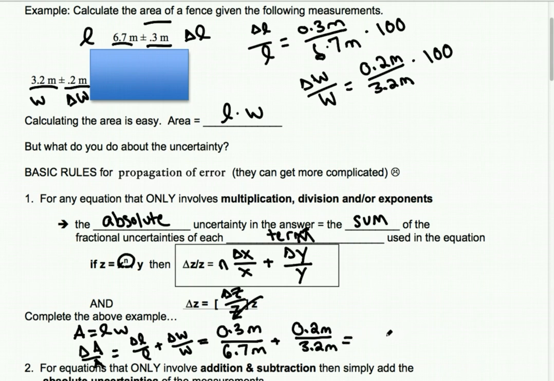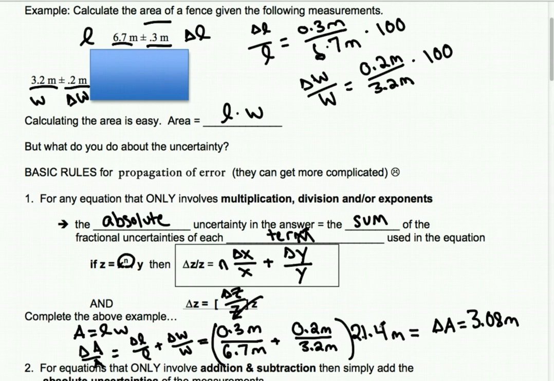And when we add this together, what I'm actually going to do is multiply this by my area, so cross multiply by that A. And my A I came up with was 21.4 meters. What I end up getting is a value for my delta area, my uncertainty in my area, of 3.08 meters.